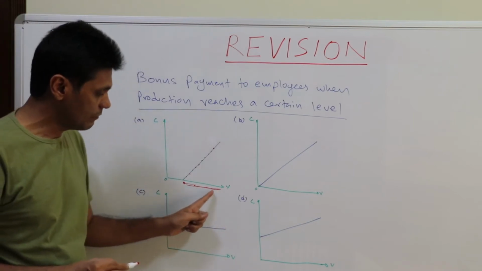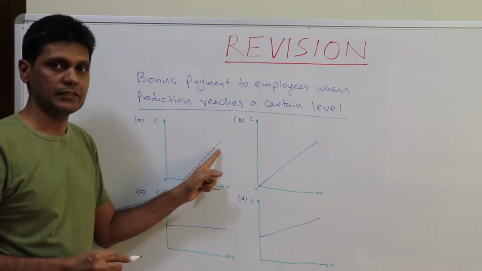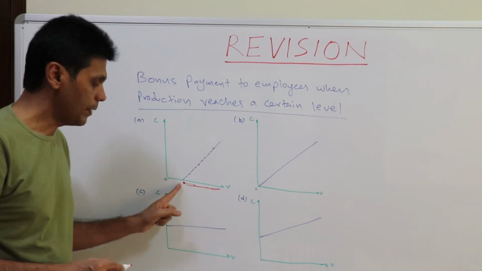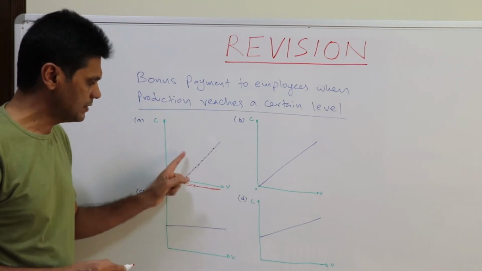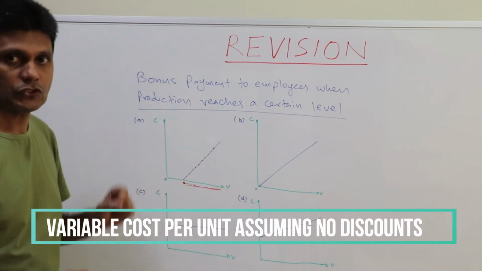As the activity level increases, the payment also increases. However, up to this level there is no payment. So therefore we can see this particular graph corresponds with this particular question.